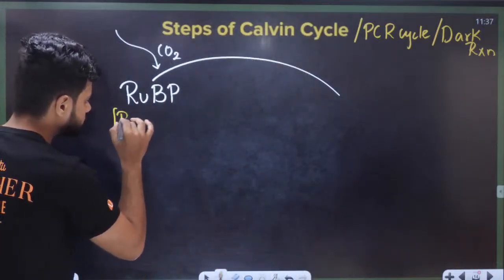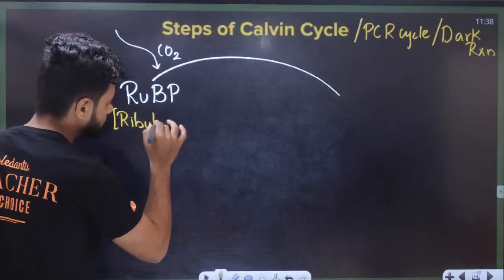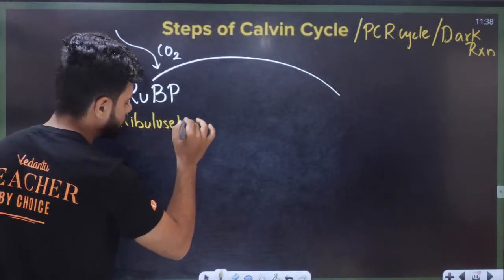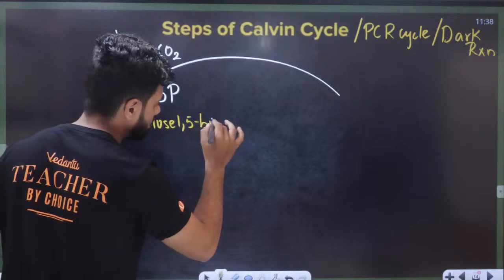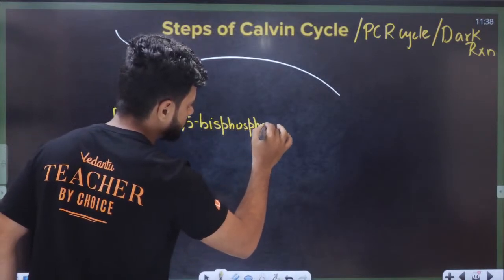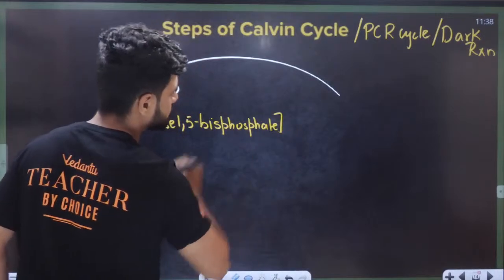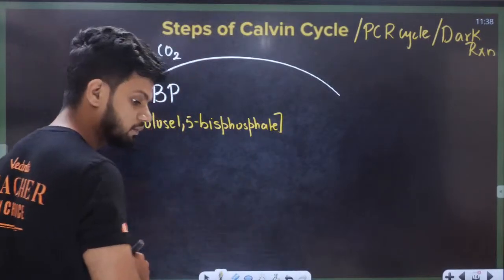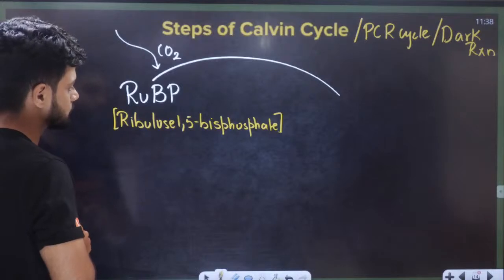Ribulose 1,5 bisphosphate is right here.